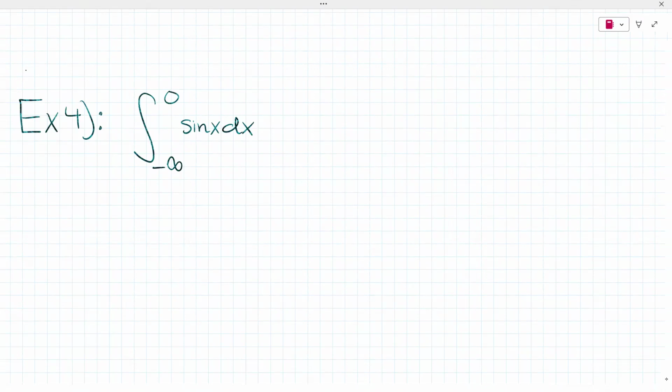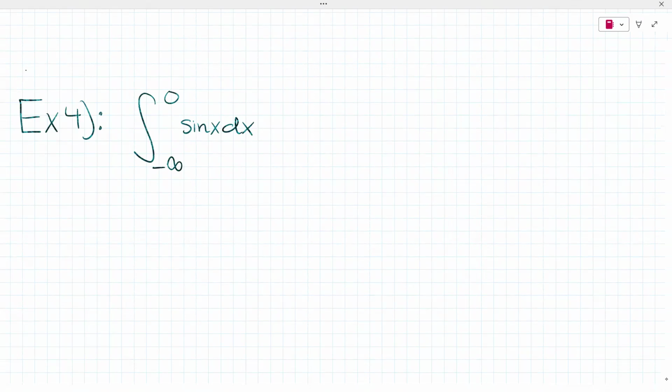So what rule is that? Our lower limit is negative infinity, and our upper limit is a real number, 0. That is rule 2, right? Our lower boundary is negative infinity, and our upper boundary is 0.